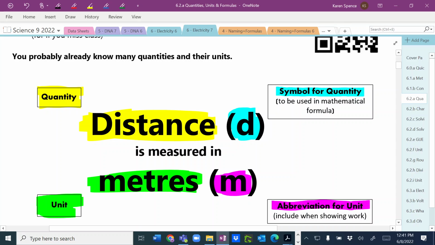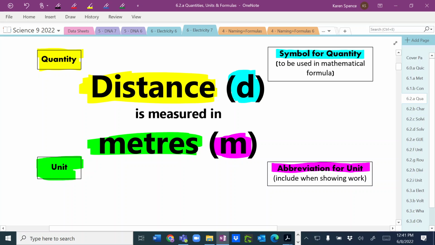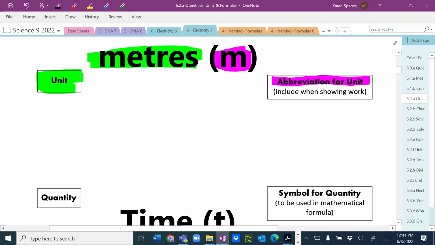Now, it's going to be important for you to distinguish between the quantity and the unit. All right, so I'm going to keep harping on it over and over again until those two get straight in your head. Okay? Hopefully, having done it before, it will not be too difficult.